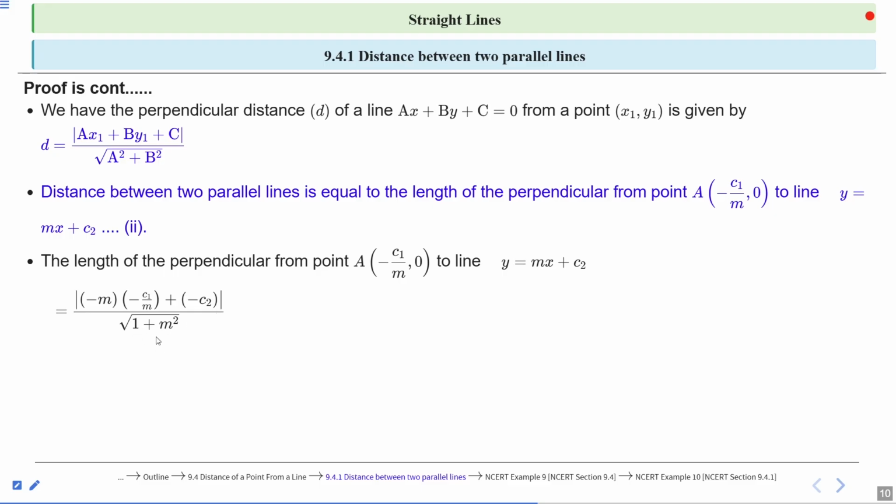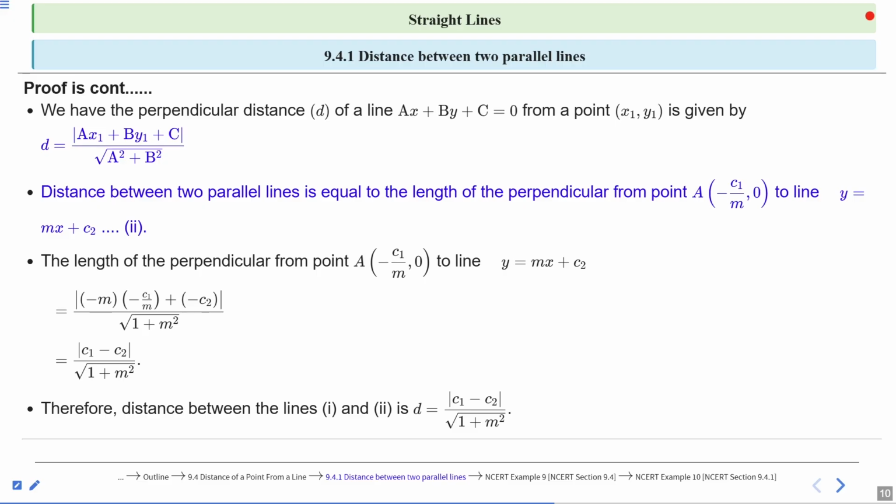So now simplify it. If we simplify it, then we will obtain this is equal to modulus of c1 minus c2 divided over square root of 1 plus m square. Okay, so this is the length of the perpendicular from the point A minus c1 over m comma 0 to the line y equal to mx plus c2.